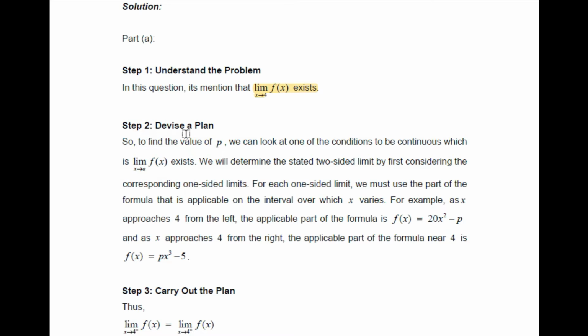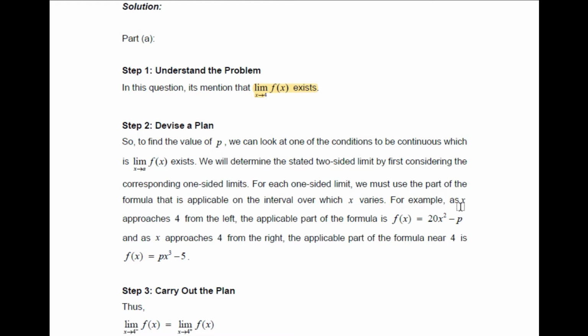Step 2. Devise a plan. So, to find the value of p, we can look at one of the conditions to be continuous, which is the limit of f(x) as x approaches a exists. We will determine the stated two-sided limit by first considering the corresponding one-sided limits. For each one-sided limit, we must use the part of the formula that is applicable on the interval over which x varies.